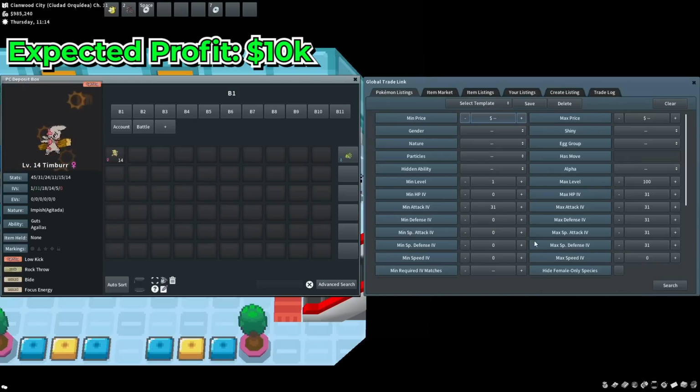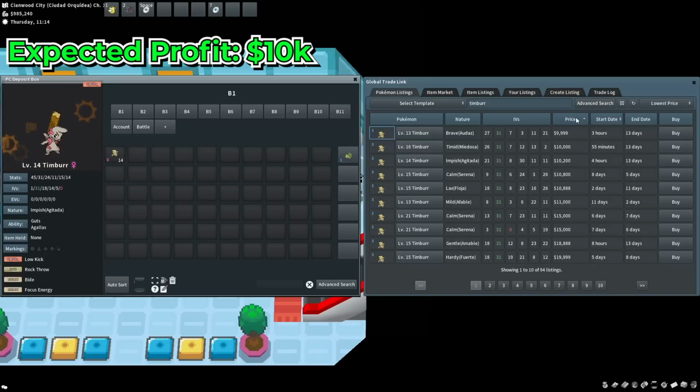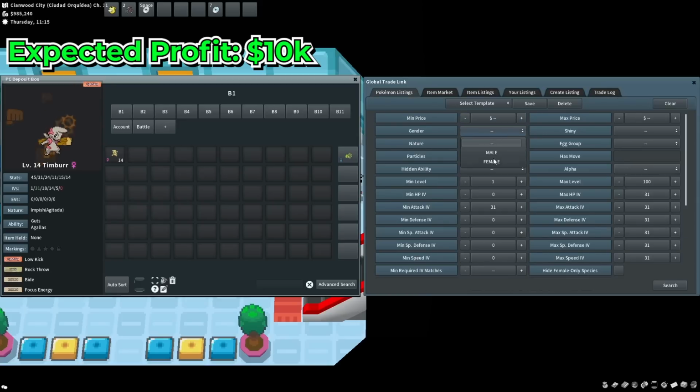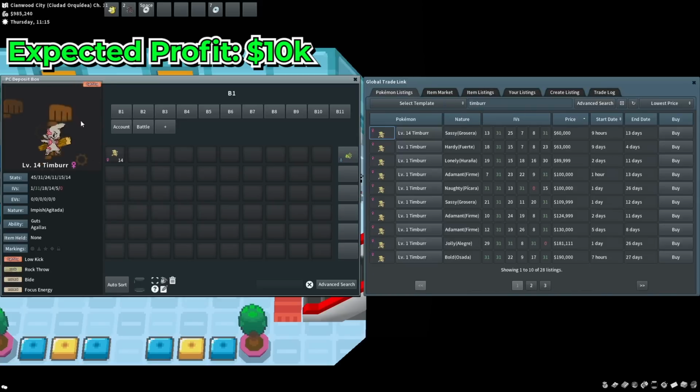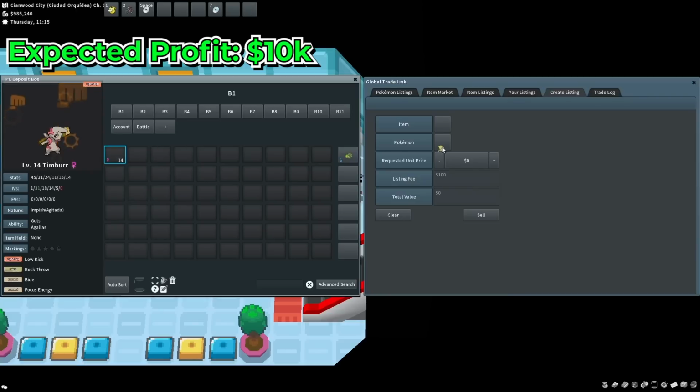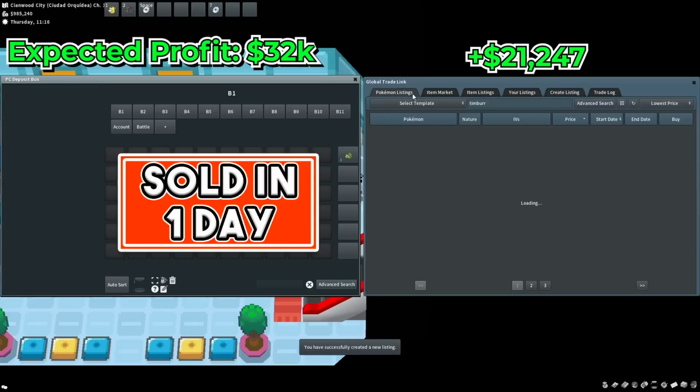Timber, no. Let's put 31 just. And we can see that male Timber goes for 31 with attack, but this one is male and Timber has a low female gender rate, so we'll put ours at 24.99 and it will be able to sell easily.